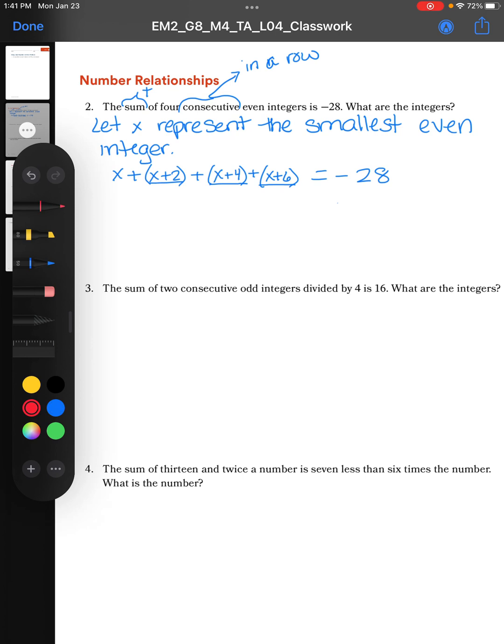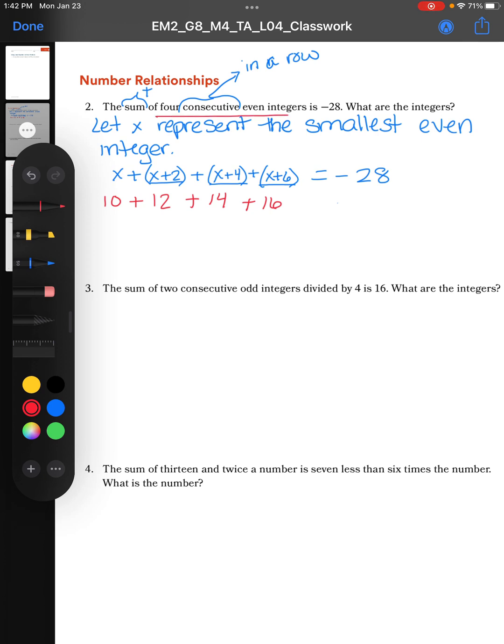Again, the answer is not 10, but I'm just pretending using some numbers just to see if they make sense in my equation. So if x is 10, then that would be x plus 2, that's 12, x plus 4, which is 14, x plus 6, so 16.